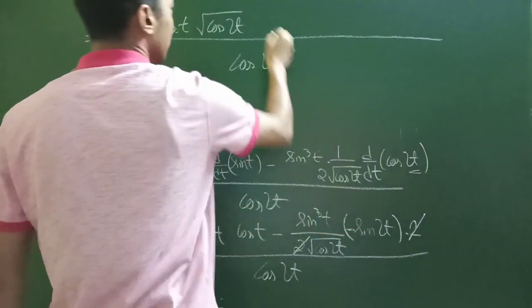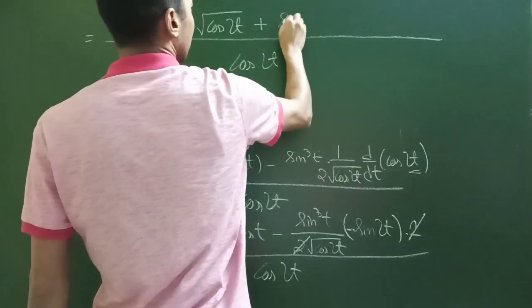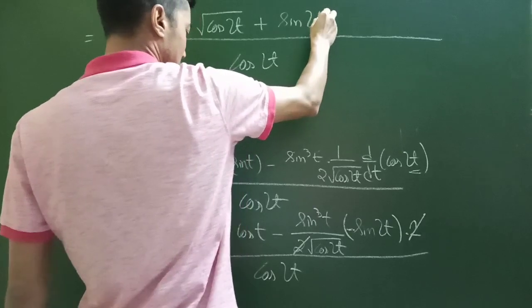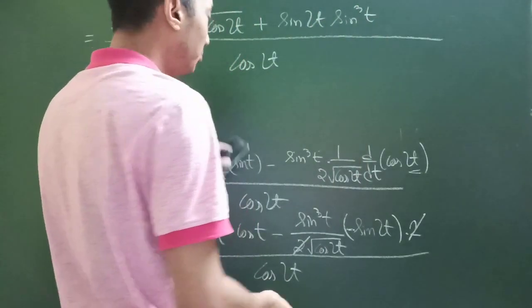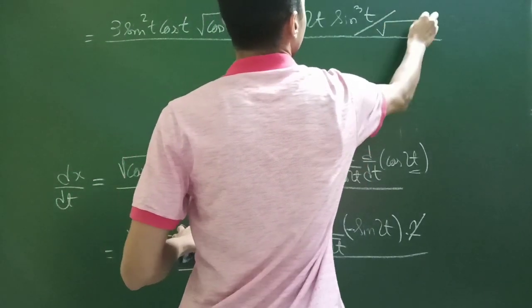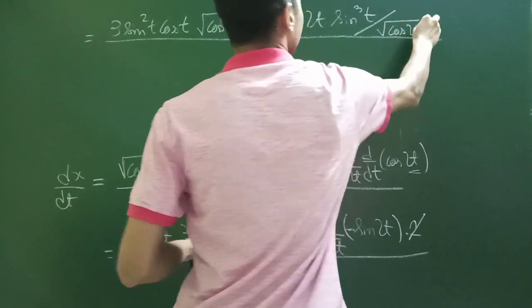So minus into minus is going to be plus sine 2t sine cube t upon root over of cos 2t.